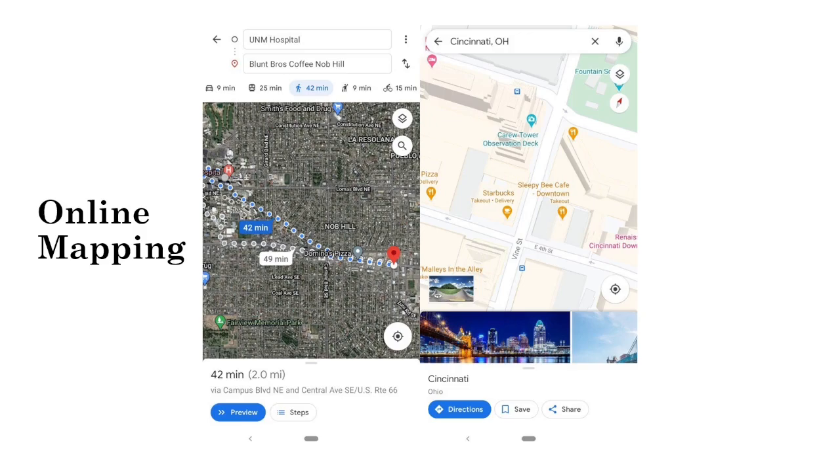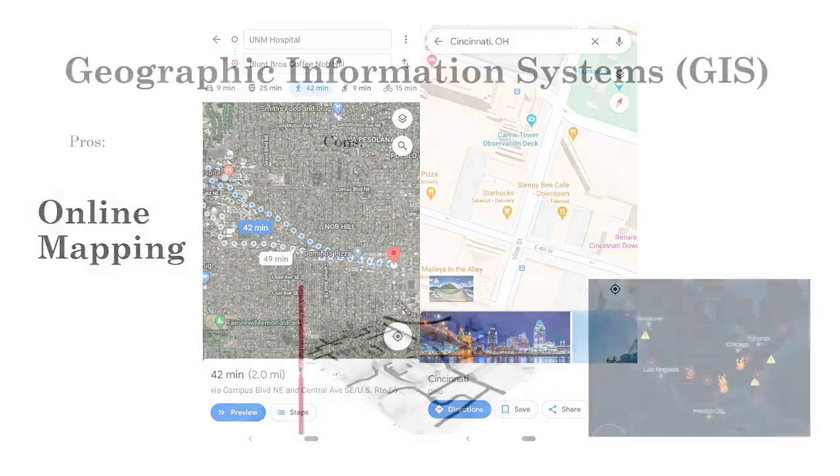You can take layered data here. You could have a picture of the actual terrain, or you could do a little more of a diagram focus if you'd like. You can choose if you want to have businesses show up, interstates show up if you would like to. You could show different routes as kind of the GPS incorporation in there as well. So Google Maps is a great example of a GIS.